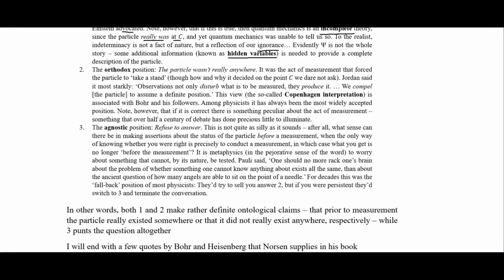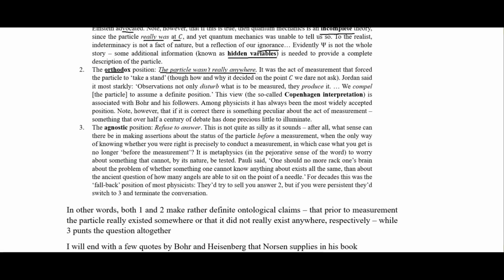Then number two here is the orthodox position, which is the one we've been talking about here, but we'll see that it's actually fairly related to the third position. Griffiths calls this the orthodox position. The particle wasn't really anywhere.